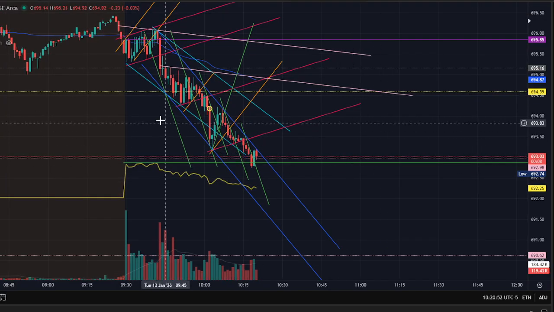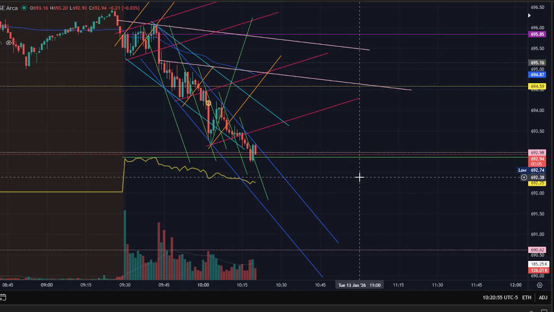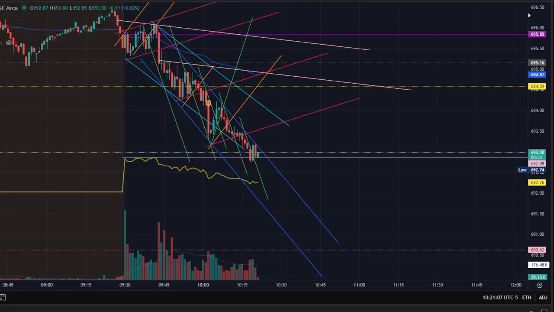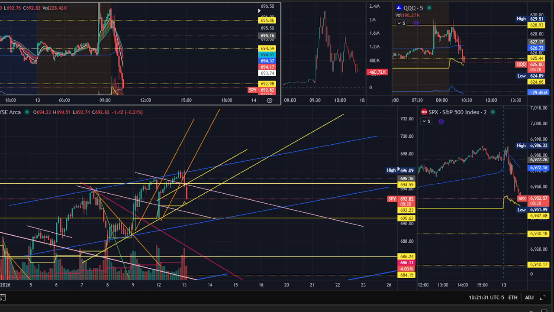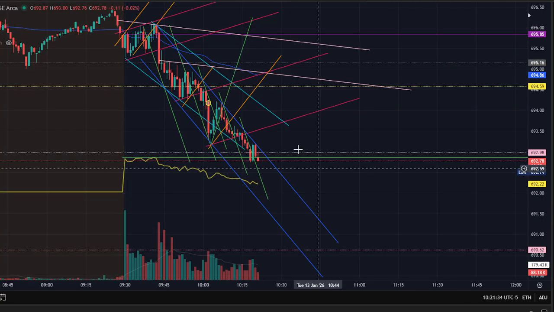This is now the more dominant one over the teal. QQQ retesting its 5-day MA now as well.